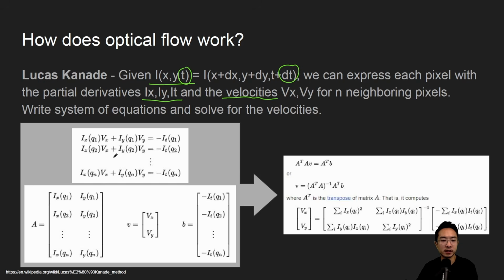So from there, you could write a system of equations, as we can see here. So these are all of our points. And then for all of our points, we could set it up into an Ax equals b type of matrix. In this case, we're using V for velocities. So you just plug it into your favorite solver, and then you could find out what the velocities are. So that's the general idea.